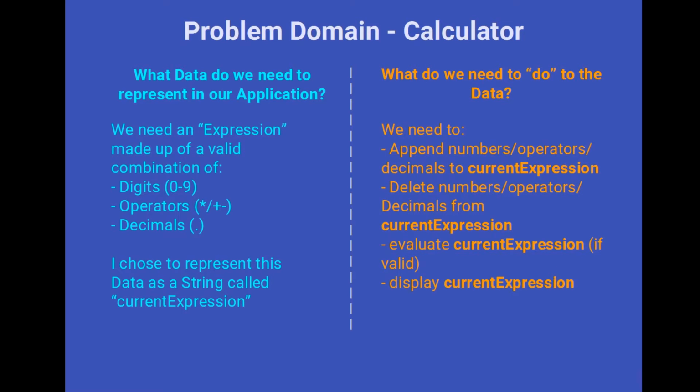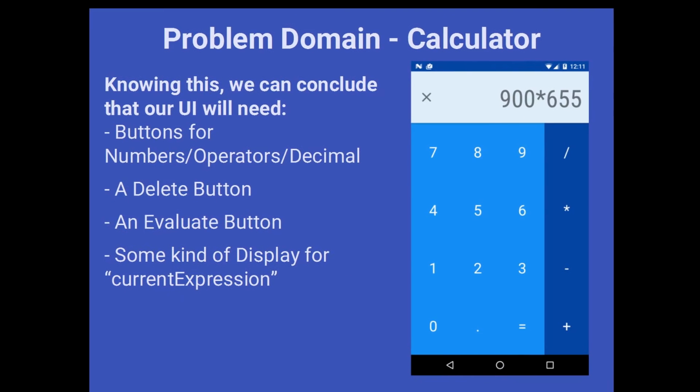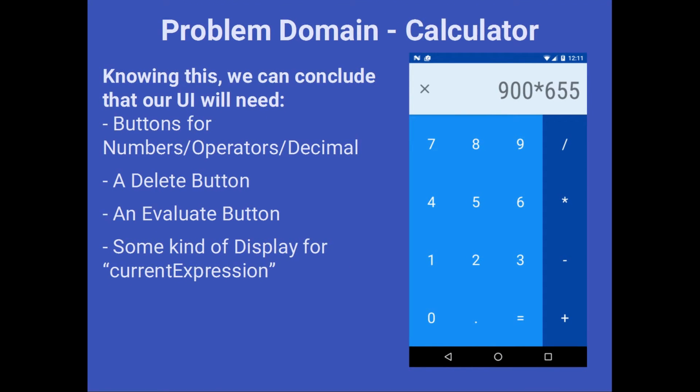The next thing we can do is, with this information, start to reason about what our user interface is going to look like. I'm only going to briefly talk about the UI, since that's not really the topic of this video. After I figured out all of that information, I was able to decide that we're going to need buttons for numbers, operations, and decimals.